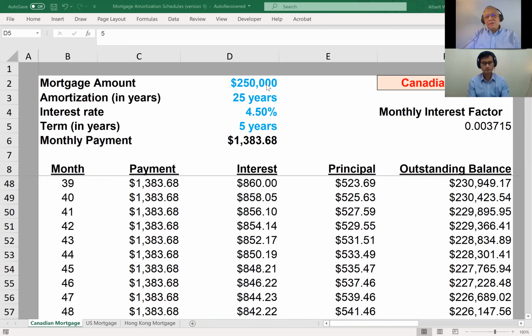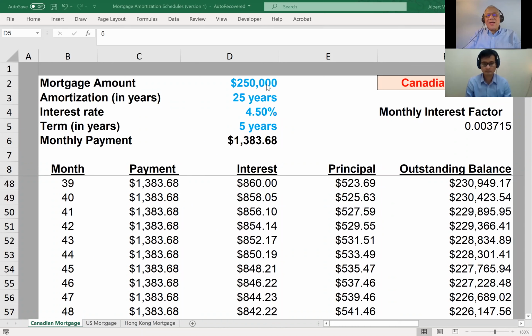In Canada, as well as in the US, what we like to see as a banker would be for you to put down 80%. So 80% is the cutoff. 80% is 20% equity, right?